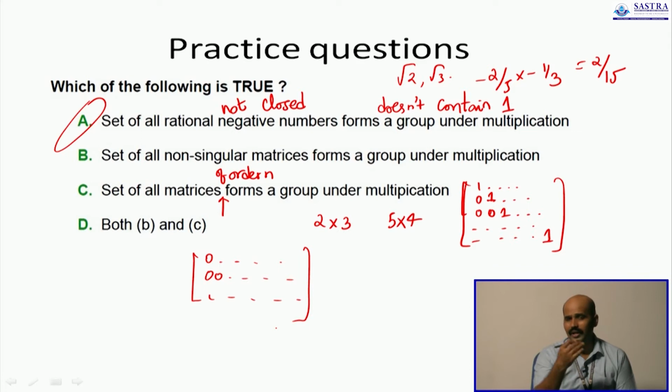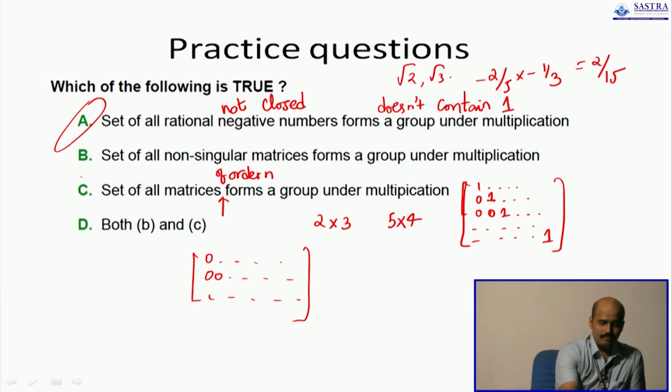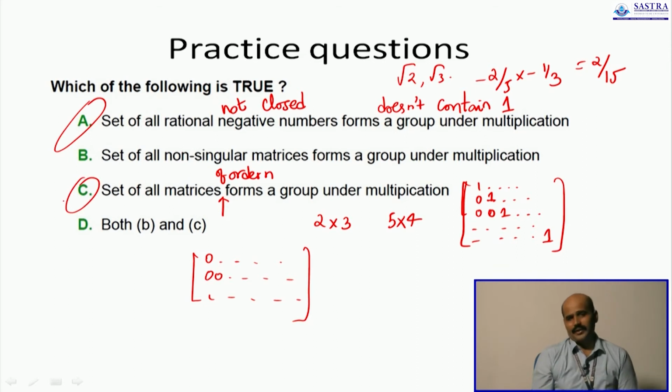We cannot identify an inverse for the null matrix, and therefore option C is also incorrect, and that is why option B is actually right.